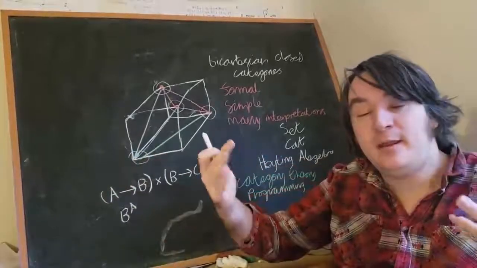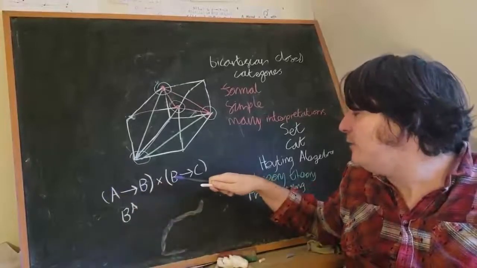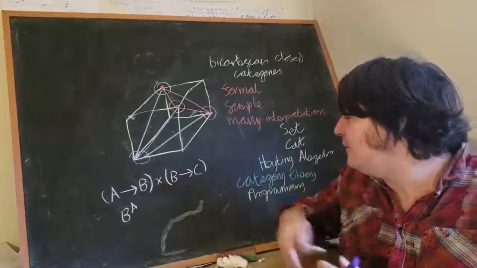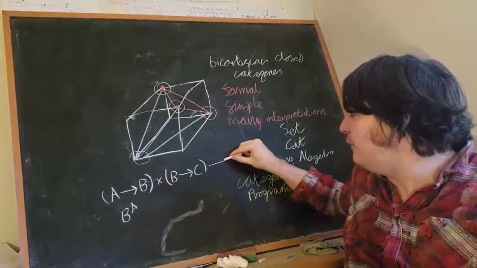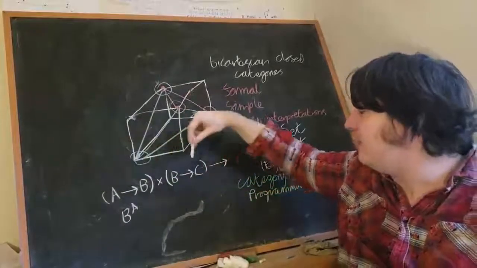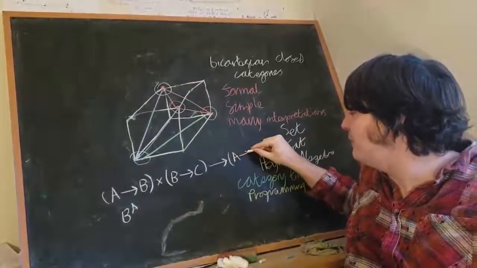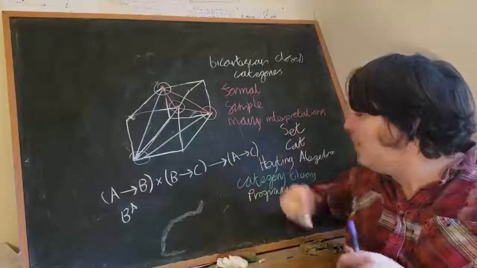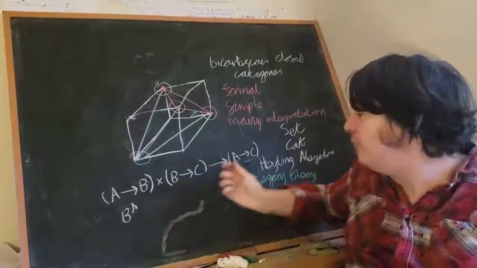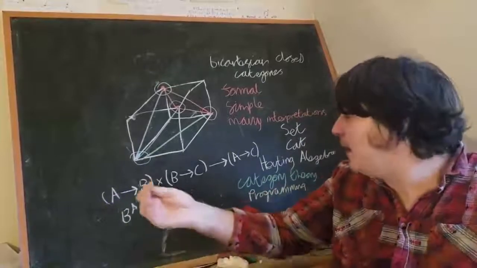So if we're thinking in set theory, this will be the set of arrows from A to B, and this will be the set of arrows from B to C. And there's a function which takes in an arrow from A to B and an arrow from B to C, and gives us an arrow from A to C. This is the function which defines how arrow composition works.